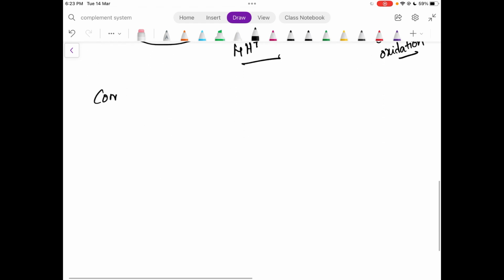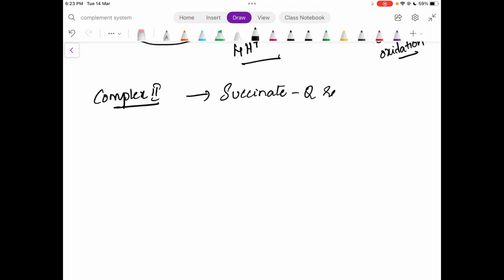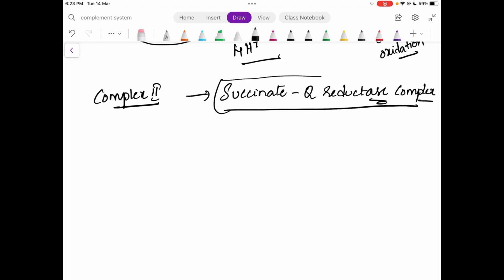Next we'll see complex 2. Complex 2 is called succinate Q reductase complex. For this succinate Q reductase complex, there is a speciality. What is that speciality?